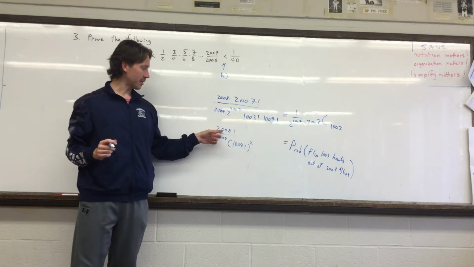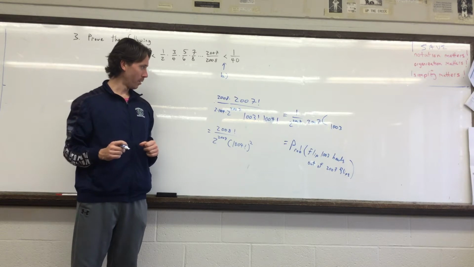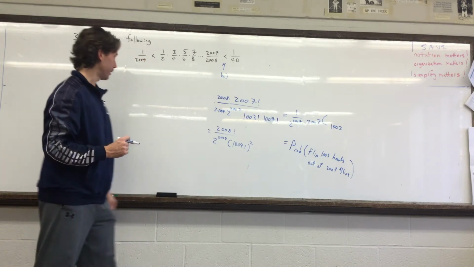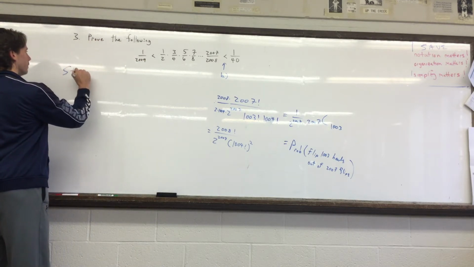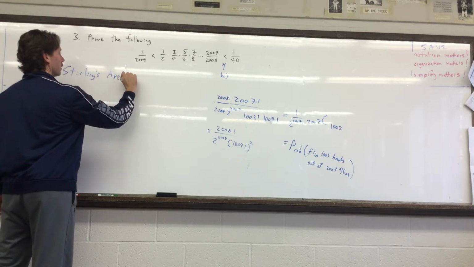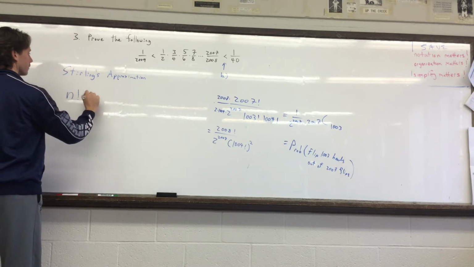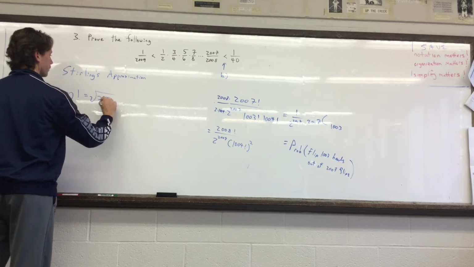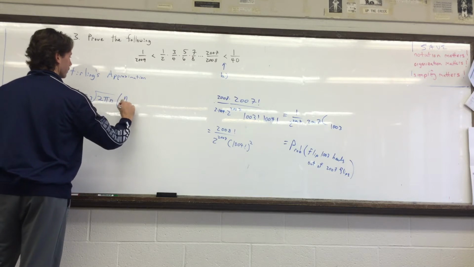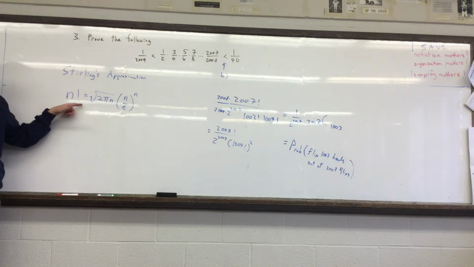So if I want to estimate a number that uses factorials, one thing that's very useful is Stirling's approximation. So this is Stirling's approximation for the factorial.